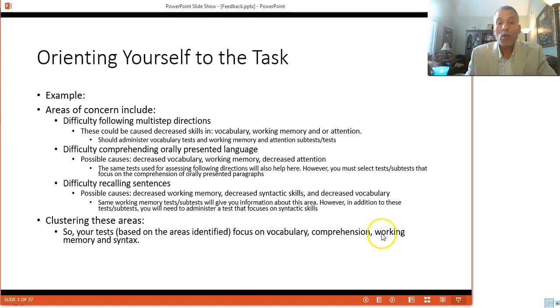And you look for some working memory scores in previous evaluations, or some working memory tools that you could administer yourself. And also you need to focus on syntax. Syntax is related to sentence recall.